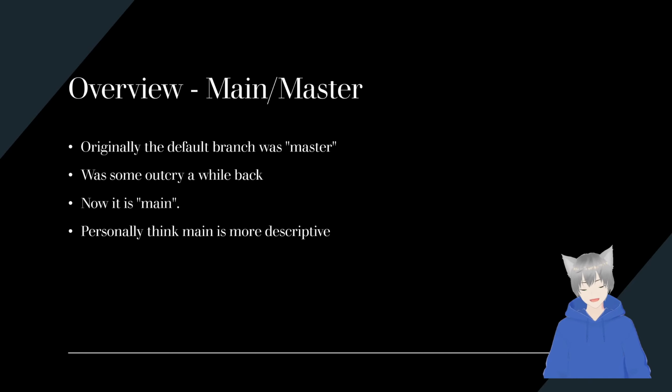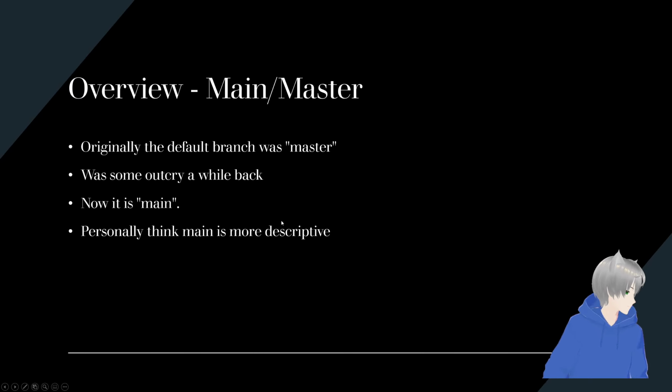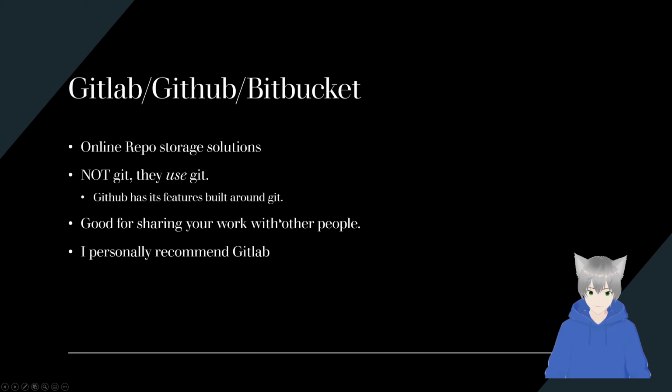It dates back to owner server terminology, but the community at last decided, no, we don't really want to use that terminology, so now it's main. And I think this is a more descriptive branch name. I'll talk about that again in a little while, but that's a slight little detail.